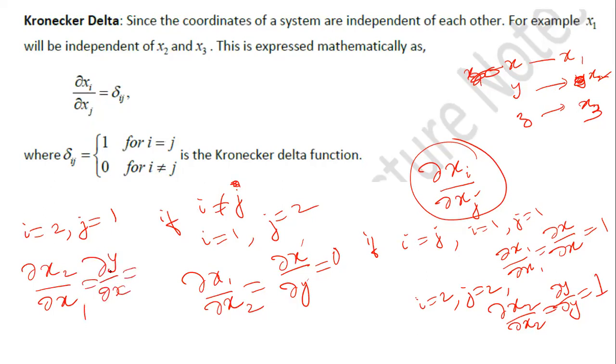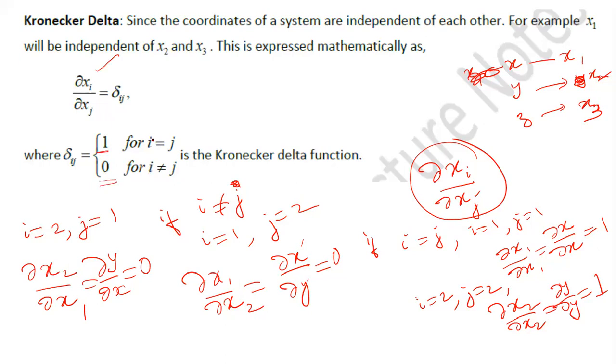So del y upon del x is differentiation of one coordinate variable with another coordinate variable. This will be 0. So all in all, you will see that this quantity, that is del xi upon del xj, will be equal to 1 if i is equal to j. If i does not equal j, this quantity will be 0.